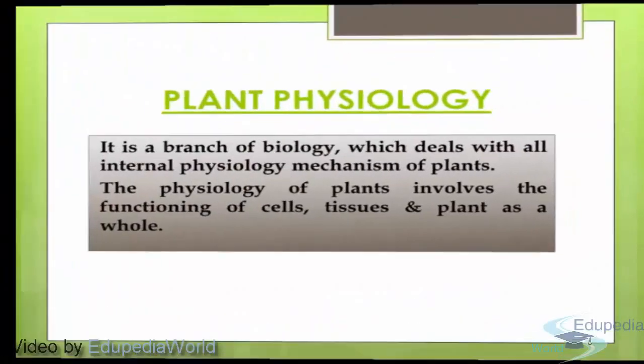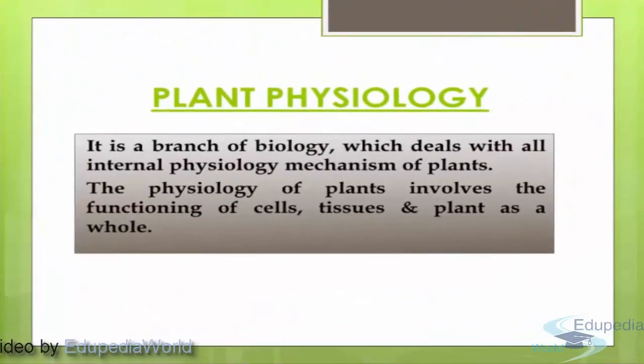Plant physiology is a branch of biology which deals with all internal physiological mechanisms of plants. The physiology of plants involves the functioning of cells, tissues, organs, organ systems, and the plant as a whole.